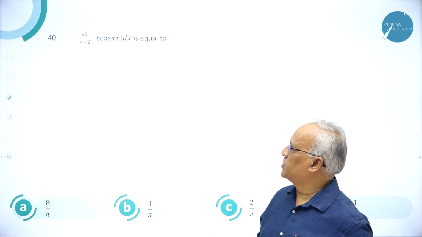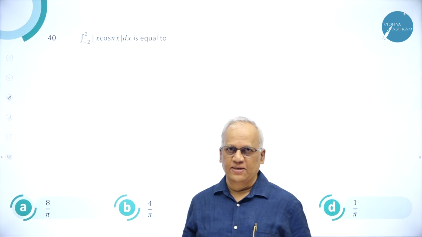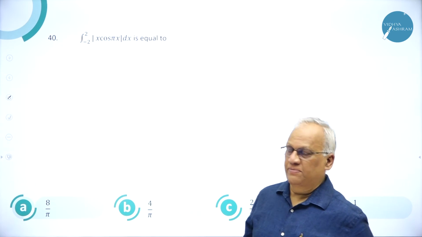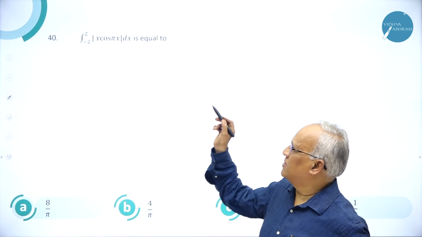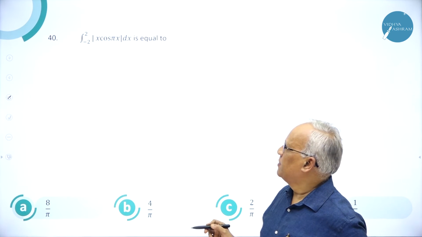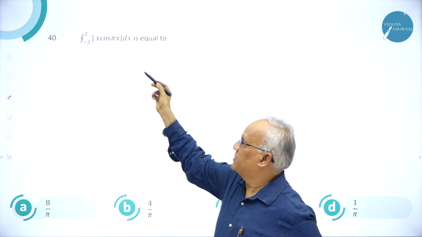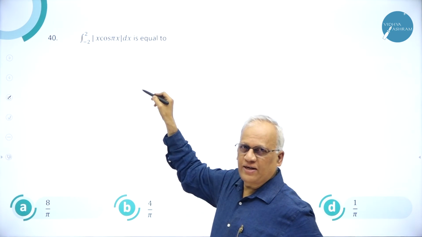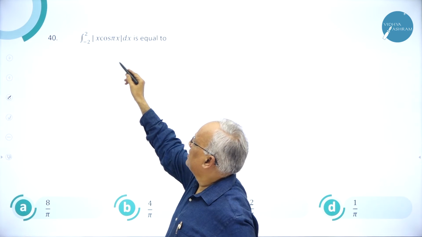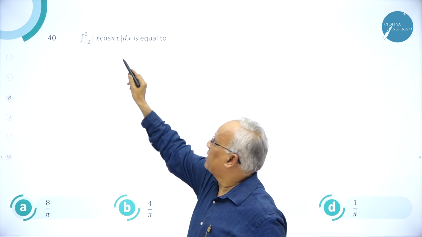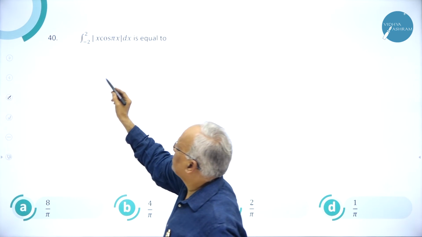But once you complete the first round questions, then in the second round you can try this, because it's not a very straightforward one. When it is an odd function, you can straight away say 0, for minus a to plus a. But here, with the modulus, if you replace x by minus x, you get the same function. So this function is even.